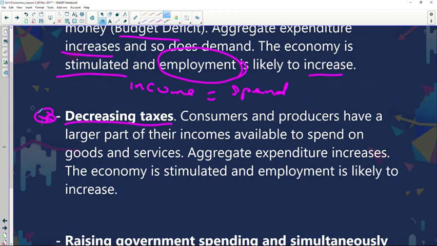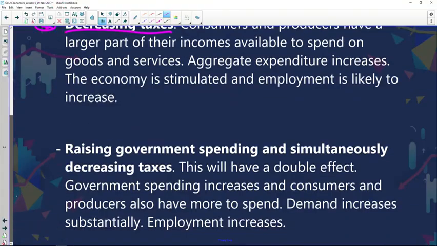With more income, they can spend more on consumer goods and services that they need. This will also result in employment increasing because of the economic activity happening in the country.